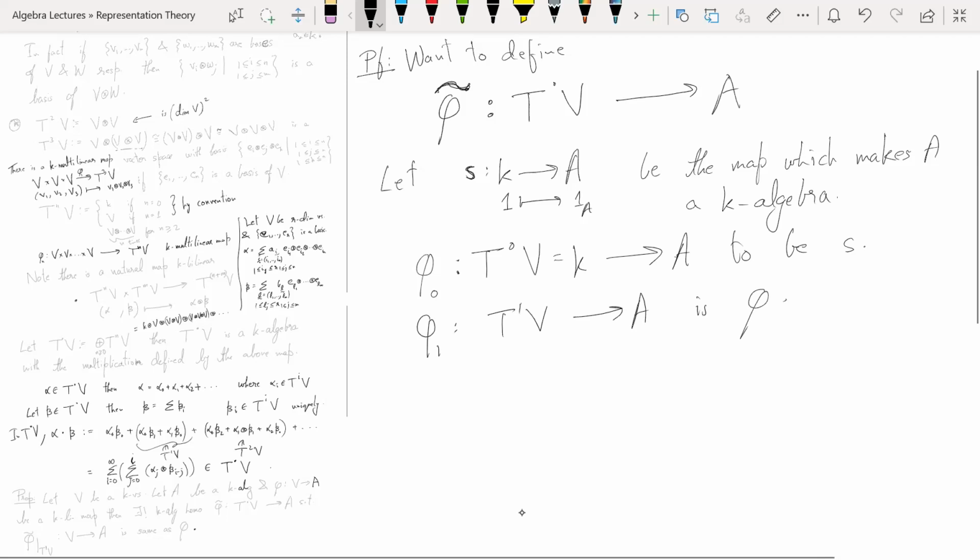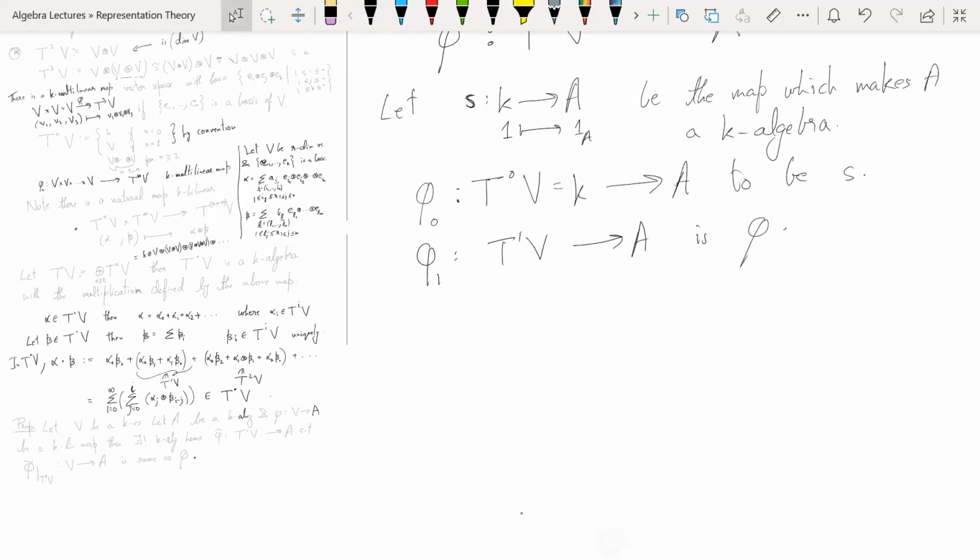And then phi 2 we will do, and then in general we'll define phi n. Then we will add them and show that it's a ring homomorphism.